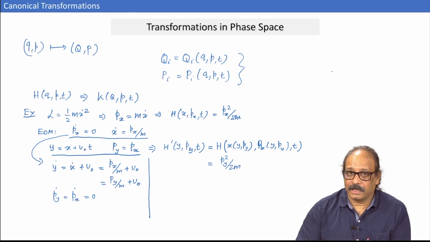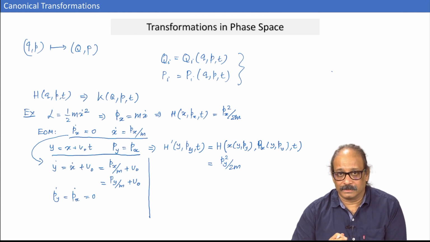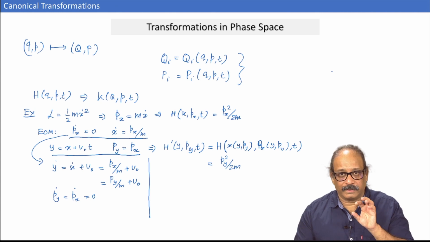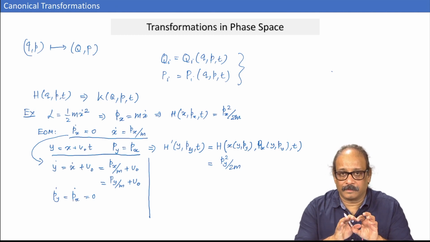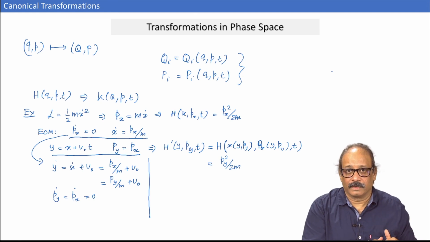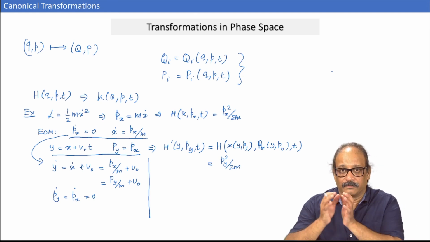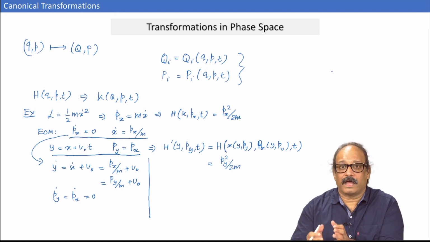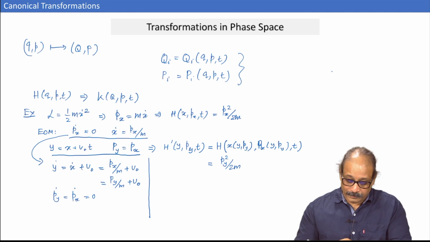If I make this transformation, I get new equations of motion. The question now is, can I derive them from this Hamiltonian? I am going to do this in two different ways. I have a transformation, I take this transformation, and use it to transform the equations of motion. Now, what I am going to do is first transform the Hamiltonian to the new Hamiltonian and construct the equations of motion. Let us do that.